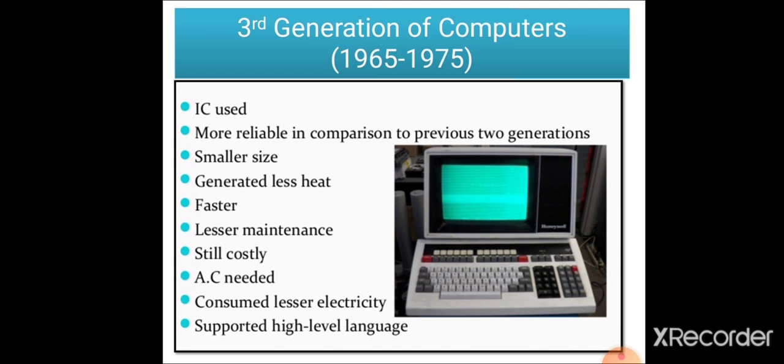These computers also generate heat and they do require air conditioners. And the third generation of computers are still costly, but the performance speed is very fast when you compare to the first 2 generations of computers. This is how the third generation of computers work.